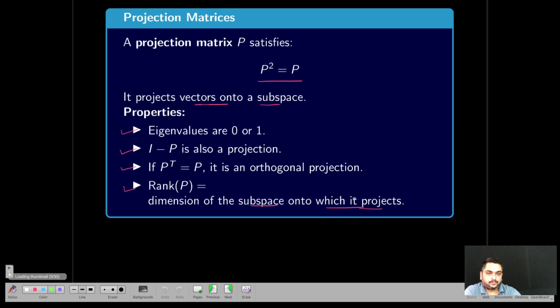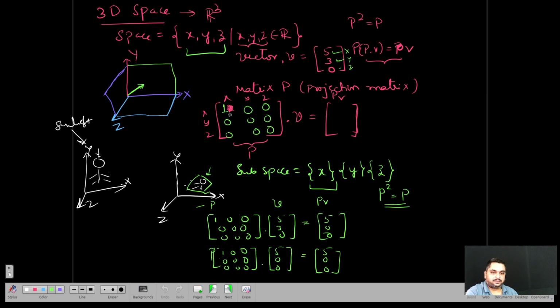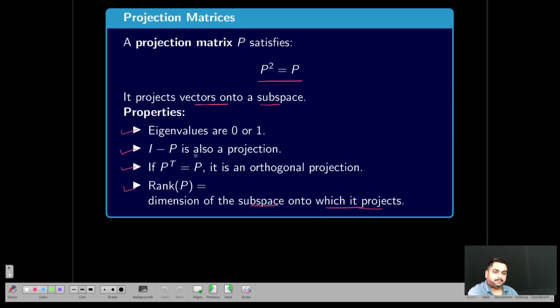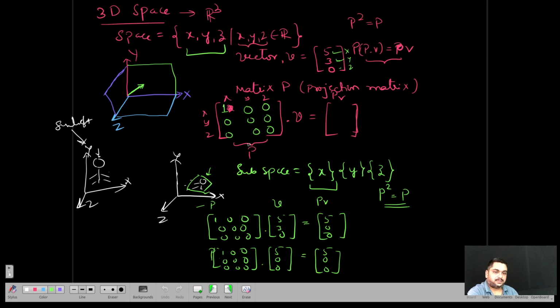Now, what are its properties? Eigenvalues are 0 or 1, because the projection matrix is something like this. If I take the eigenvalues of this, it will be 0 or 1 only. Then I minus P is also a projection. What is I minus P?